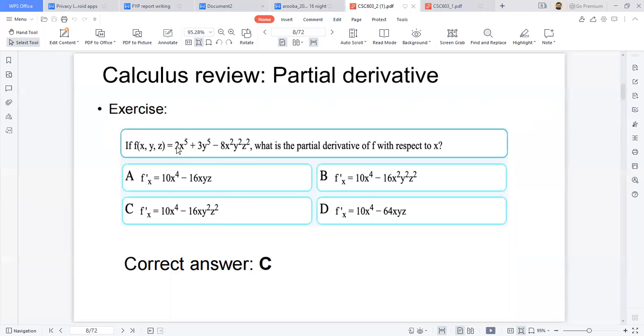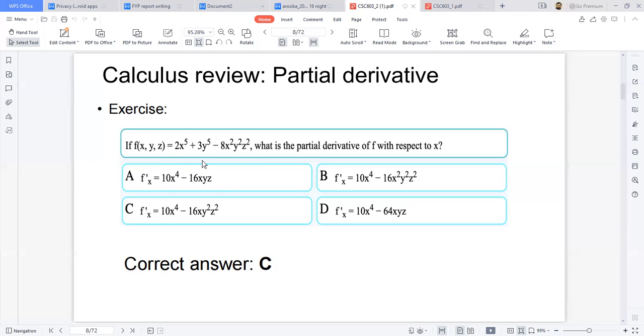How about if we apply it with y? Like we want to differentiate with respect to y. What will be the answer? The first part is 0, and it will be 15y power 4 minus 16x squared y z squared.